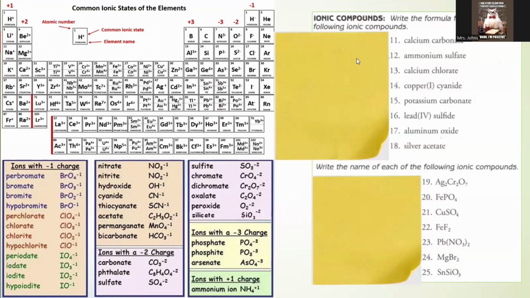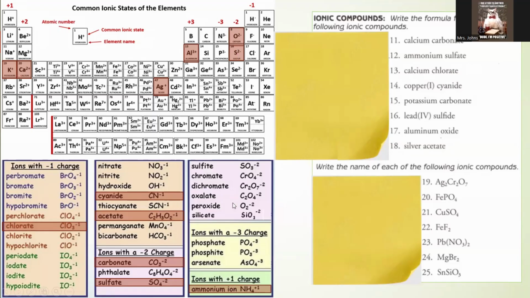So these are our ionic compounds that we're going to figure out the formulas for and write the names for. So first of all, we want to locate all of these ions on our chart. Some of them are simple cations and simple anions, and some of them are polyatomic ions.